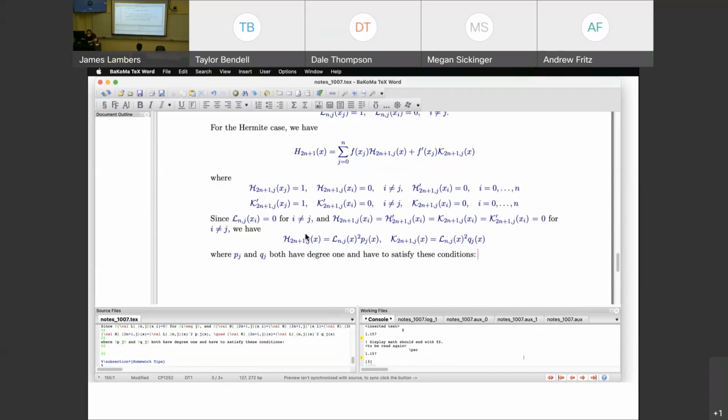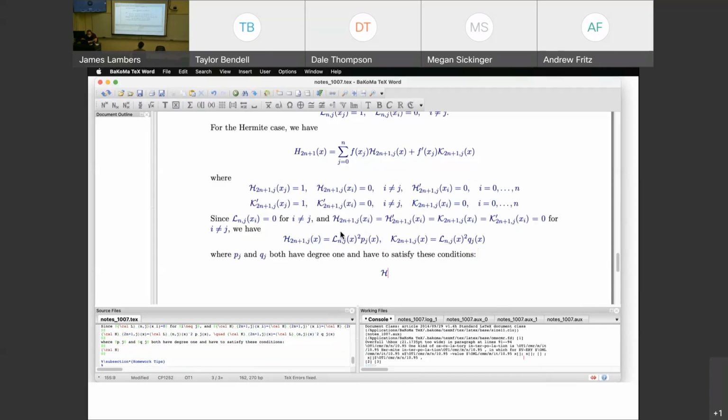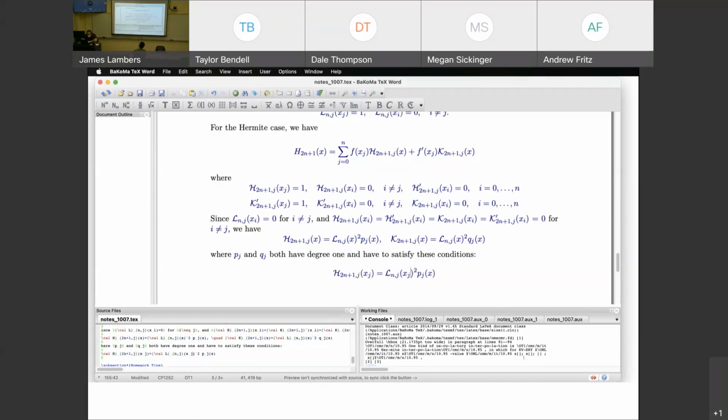So for one thing, when I substitute in x_j, well, that's going to be equal to this at x_j. But the Lagrange polynomial at x_j is going to be equal to 1. So it's just p_j of x_j. And that has to equal 1. So this is one condition.